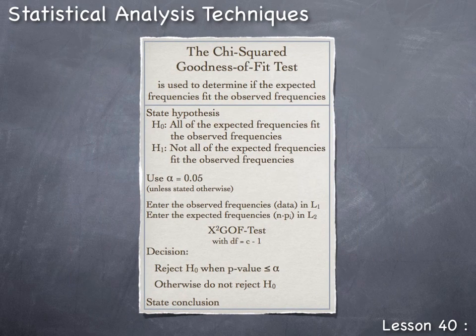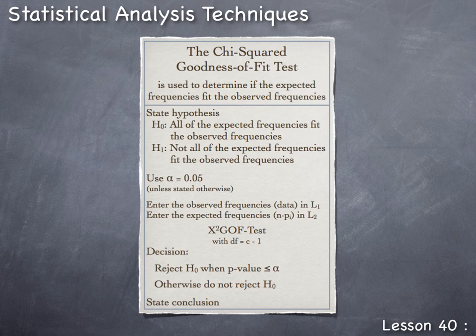The chi-squared goodness of fit test is a hypothesis testing procedure used to determine if the expected frequencies fit the observed frequencies. Now, the chi-squared test is used to analyze qualitative data. And in the chi-squared goodness of fit test, predictions are made according to some theory about the percentages of each of the various categories in the qualitative variables.